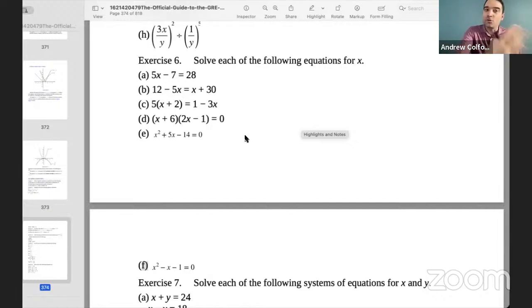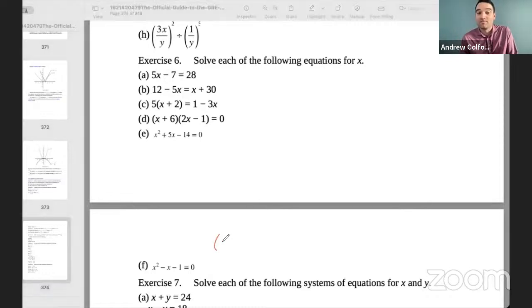That said, if we do need to solve quadratics, usually the way we go about it, and Laru, tell me if you do it differently, is we factor into a nice x plus this times x minus that equals 0, and then we solve. So x plus whatever times x plus or minus whatever equals 0.